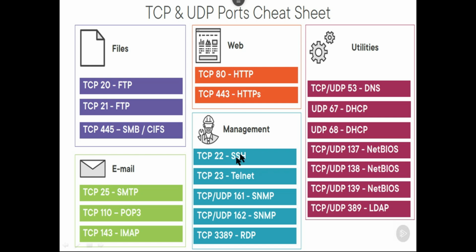In management, SSH uses TCP 22, Telnet uses 23, SNMP uses 161 and 162 on TCP/UDP, RDP uses TCP port 3389. Utilities, DNS uses TCP/UDP port 53, DHCP uses UDP 67 and 68, NetBIOS uses 137, 138, and 139. LDAP uses TCP/UDP port 389.